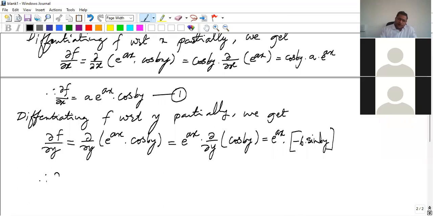So we get ∂f/∂y equal to minus b times e^(ax) sin(by), let this be equation 2. So in equation 1 we got the derivative of f with respect to x partially, and in equation 2 we got the derivative of f with respect to y partially.